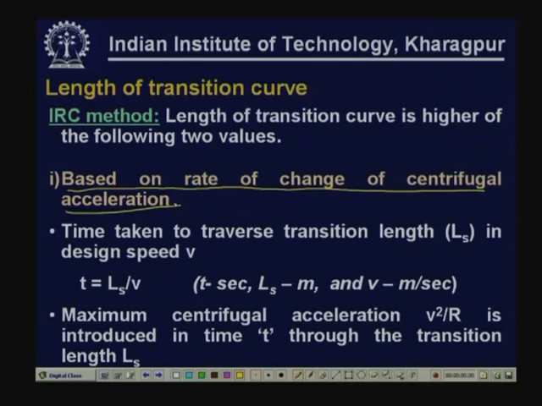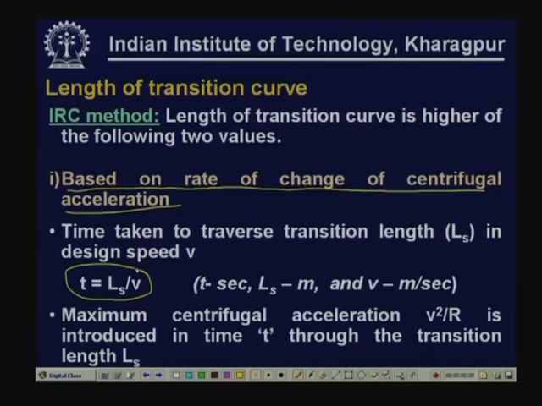Now, if Ls is the length of the curve and V is the design speed, then the time taken to traverse the transition length Ls at design speed V is nothing but Ls by V, length by speed, in a simple manner.